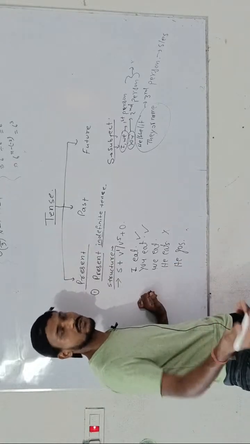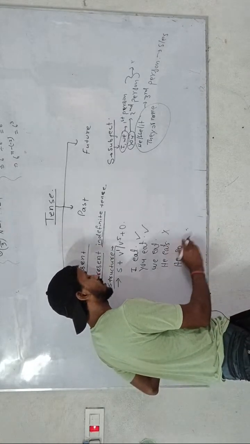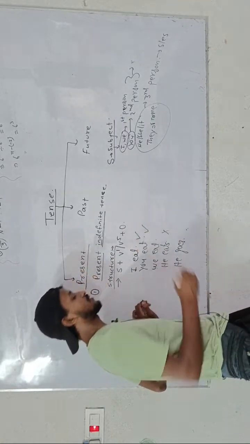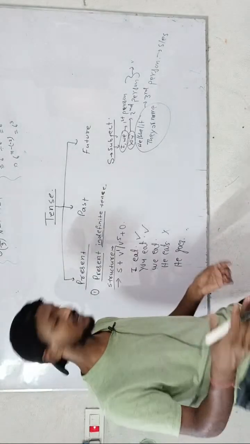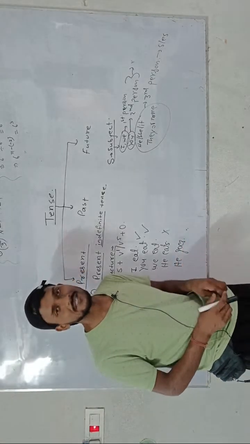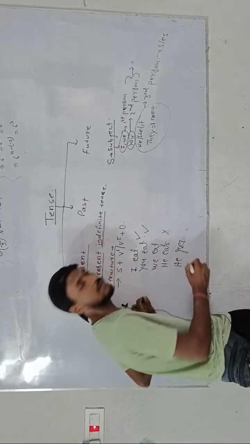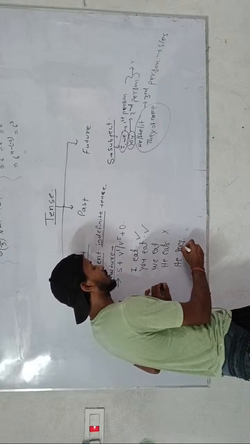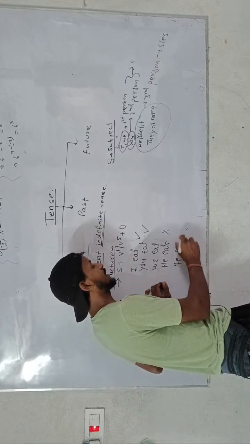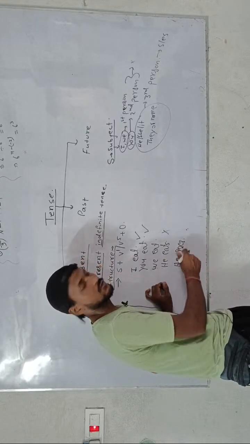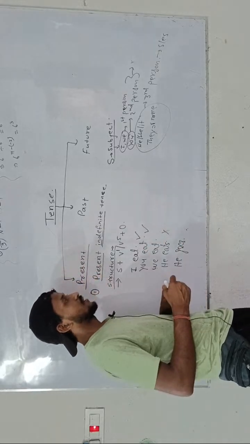No, this time also it is incorrect. Now you'll have to put es. Now you will ask me why we are writing es here. The reason is, you can see this is a vowel. With a vowel we don't use only s, so we'll put es. So now it is correct.